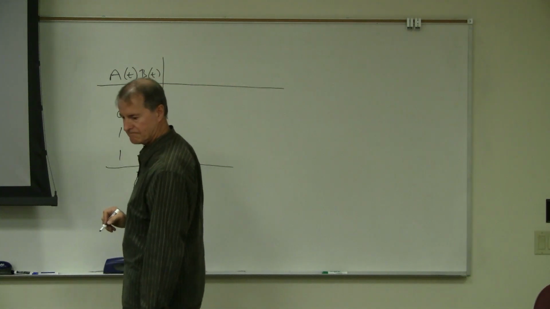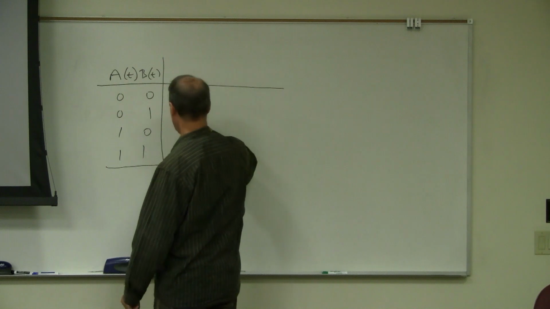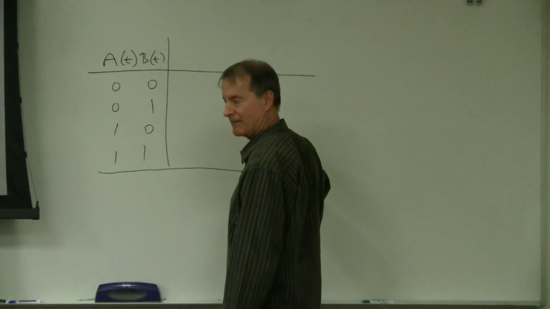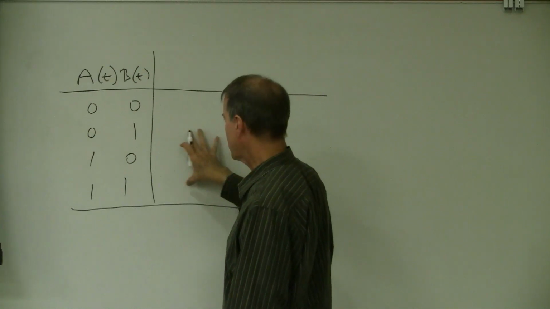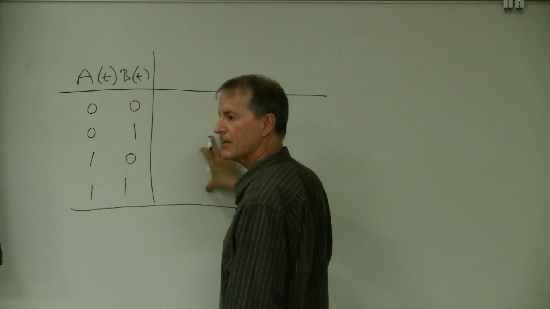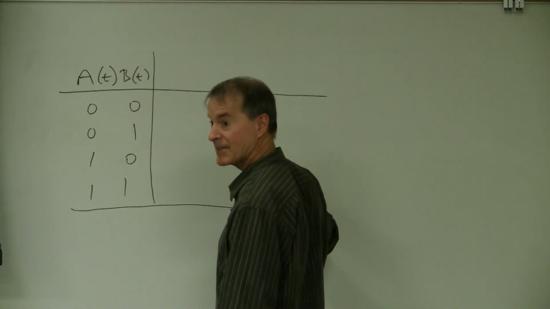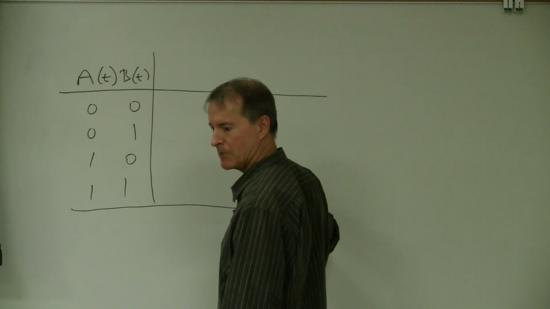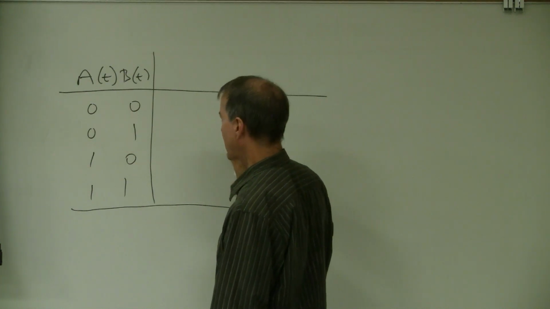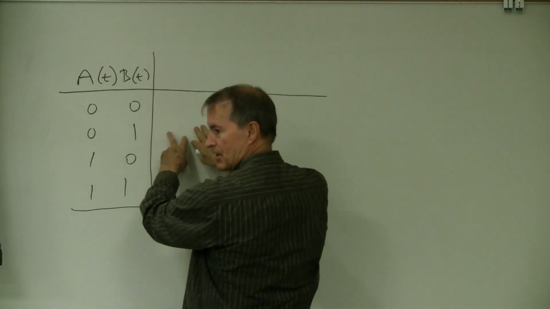Okay. And then what goes here? In the body of the state transition table, what goes here? The next state. The next state goes here. And what does the next state depend on? If we're in this state and we have a certain input, it tells you what the next state is going to be.